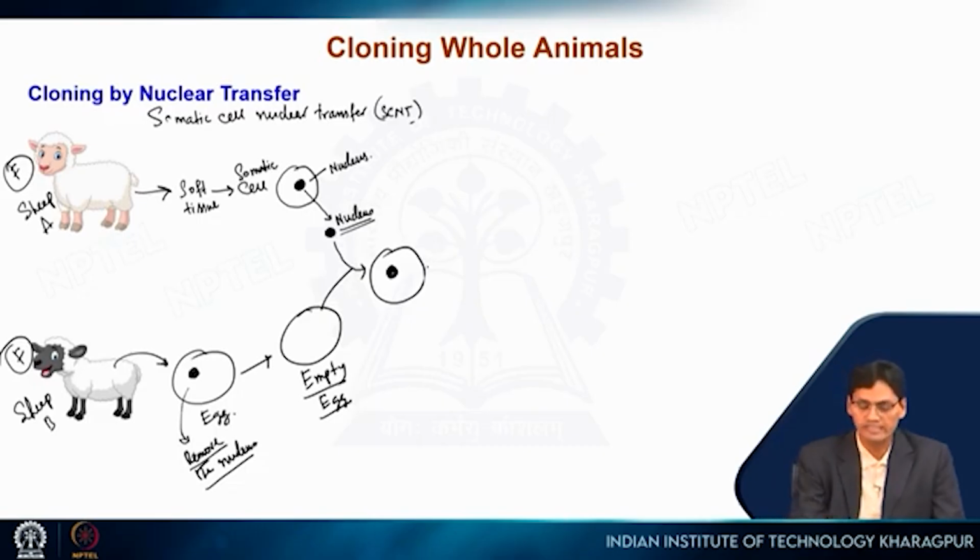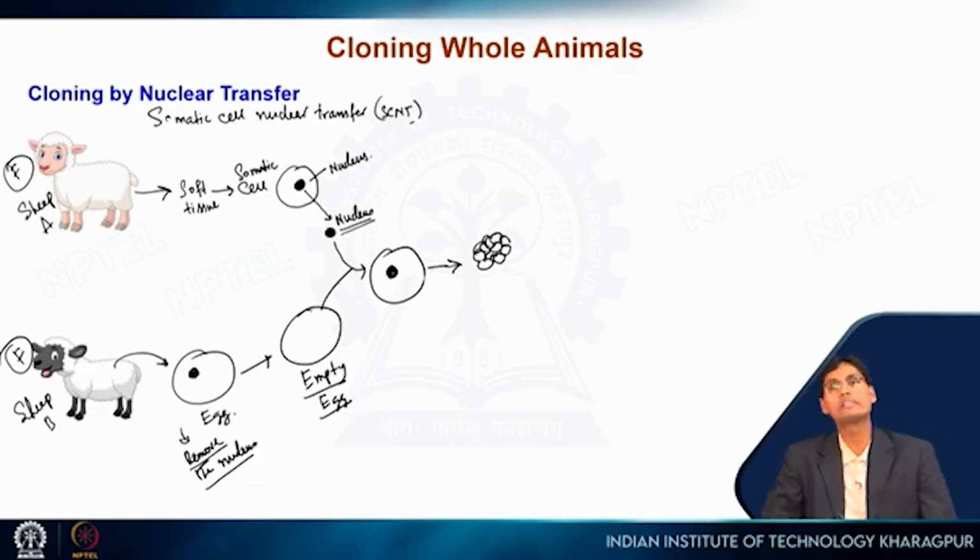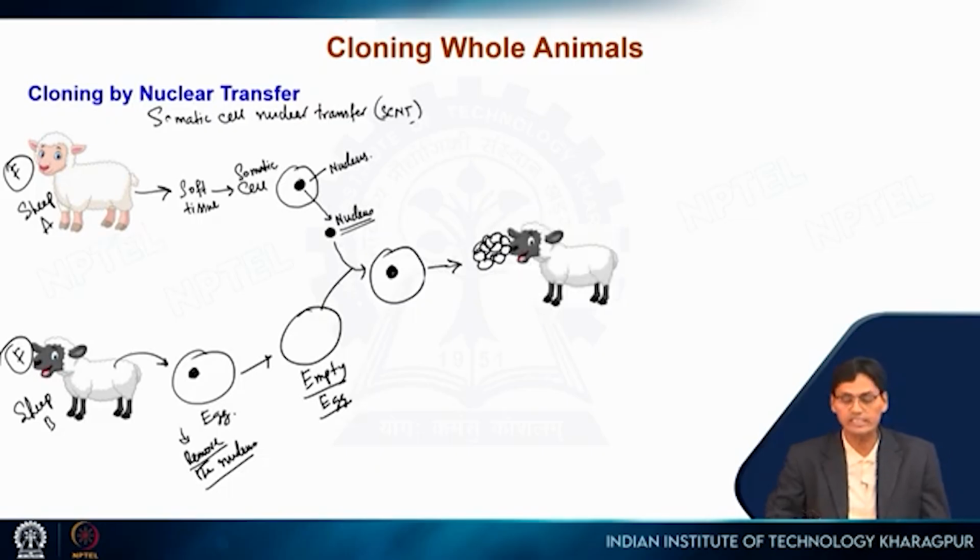And then this one will start dividing, and it will make an early embryo, a few more cells will be there. As you can see, the early embryonic stage here. And this one we can transfer into a surrogate mother.